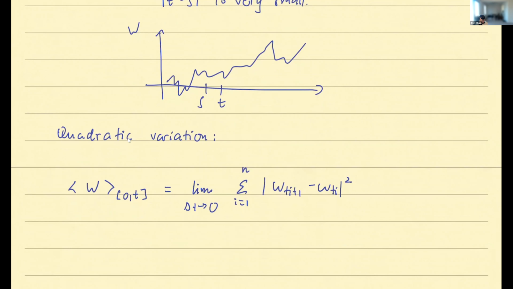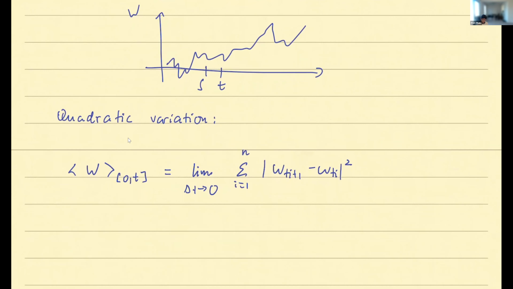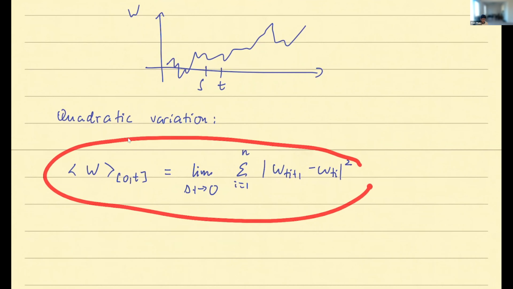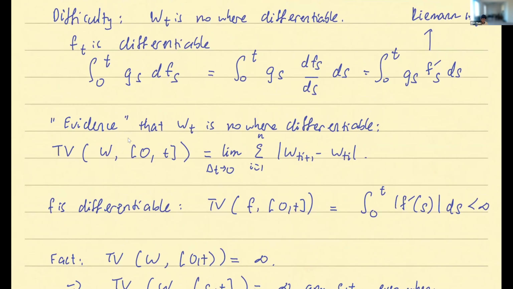So basically here, it's the same thing as the total variation, except that instead of having the absolute value, now you square.